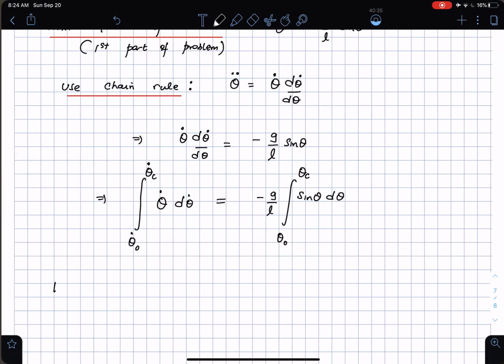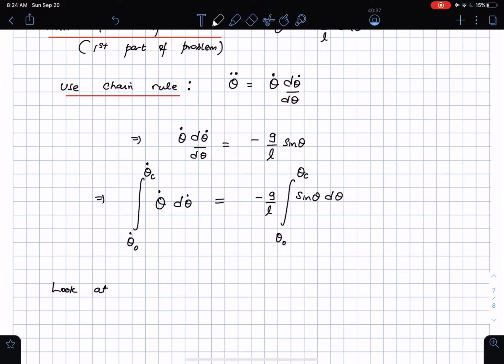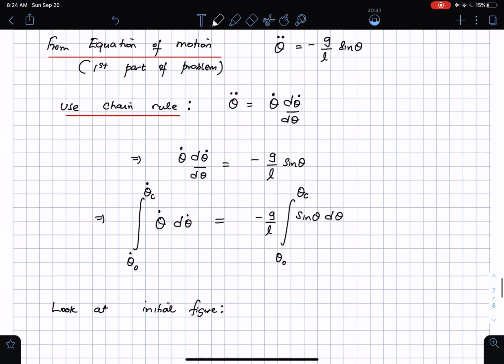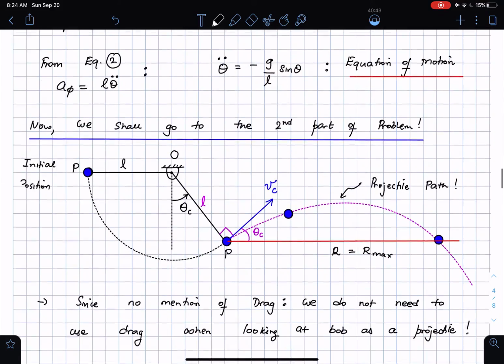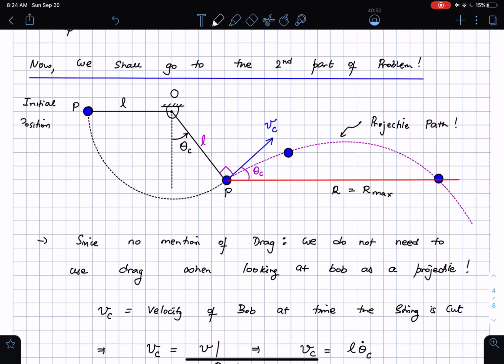So look at the initial figure. If I scoot back up, very quickly, while making you dizzy, you can see that at the initial position, when the string was completely horizontal, what would be the value of theta C?